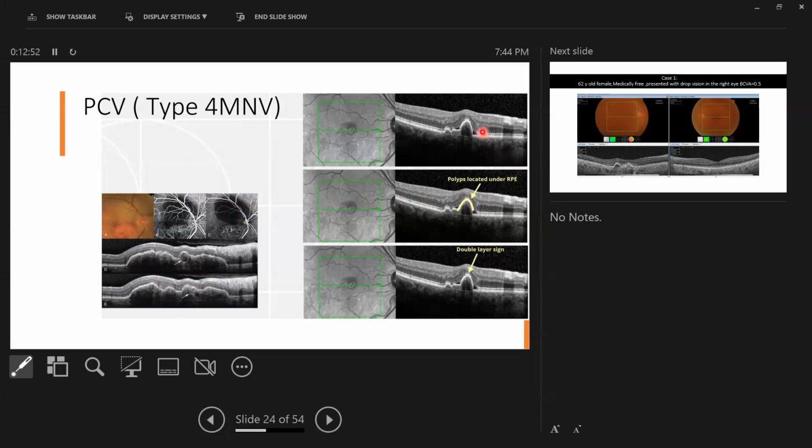It is usually identified on the OCT like a thumb sign, exactly like a thumb. And you can sometimes see the polyps during the sections of the OCT here, the polyp under the RPE, and you call it the thumb sign. And it's very important to differentiate PCV from the other kinds.